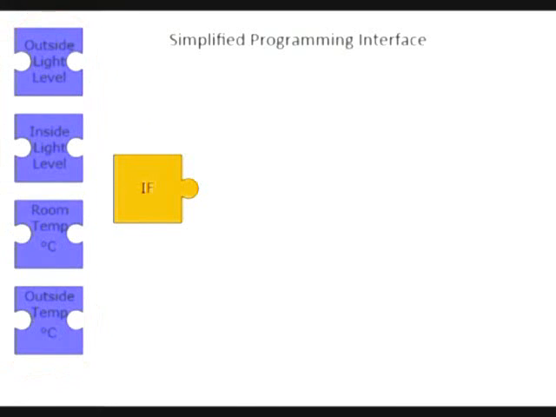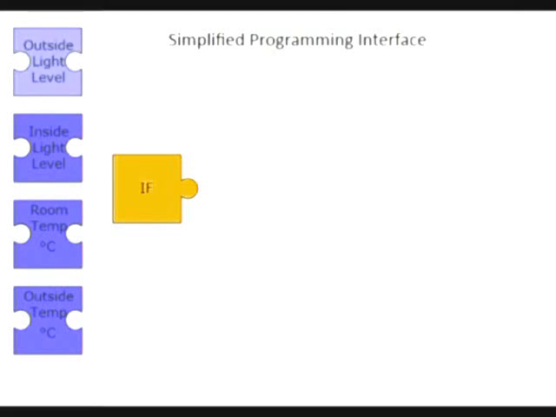The behavior rule is created by adding more and more pieces in a line from left to right. Let's say, for example, we wanted automated curtains, so that when it's dark outside, the curtains close. We first take a look at the options for the next jigsaw puzzle piece. We can see that we have outside light level, inside light level, room temperature, and outside temperature. And the one we want is outside light level.